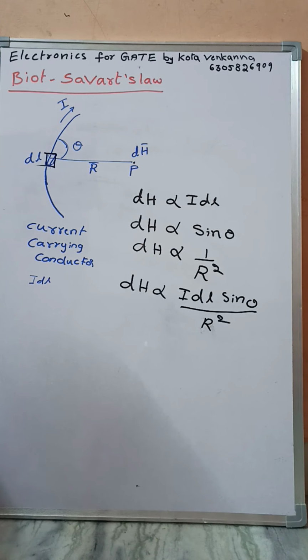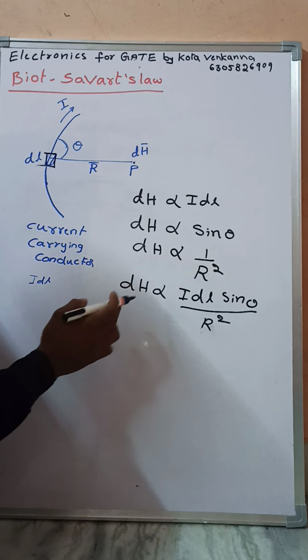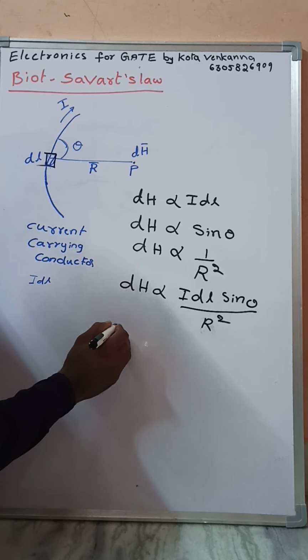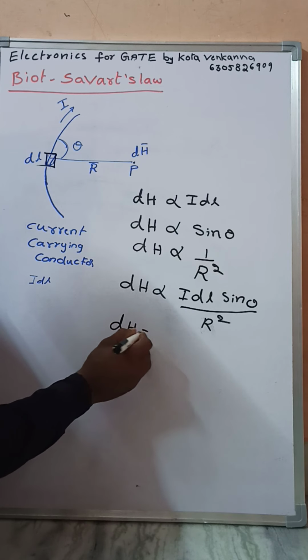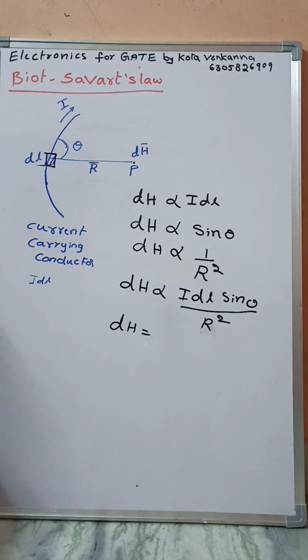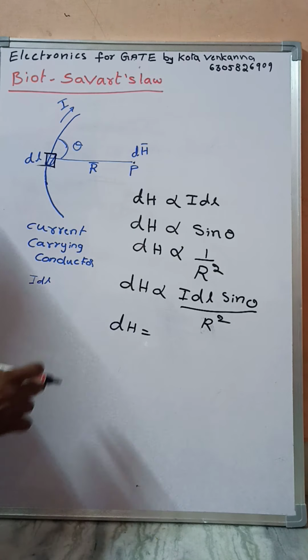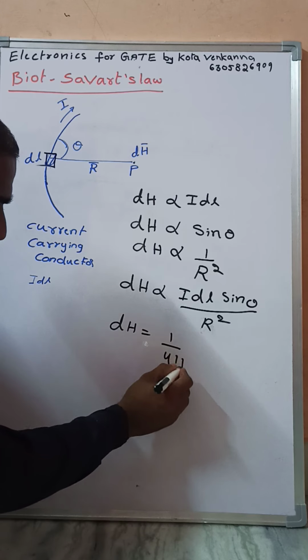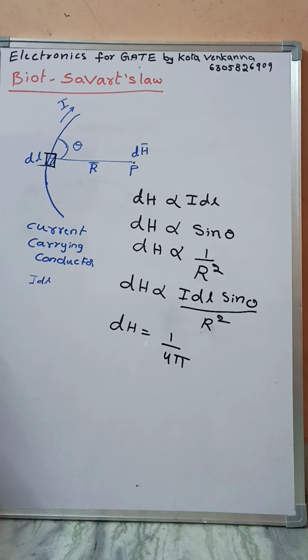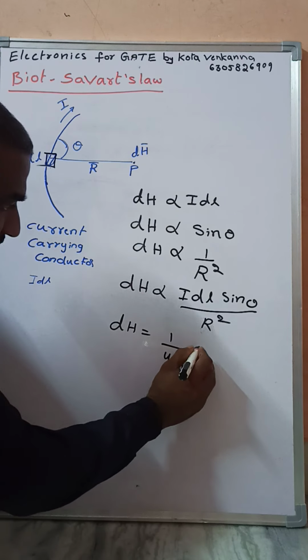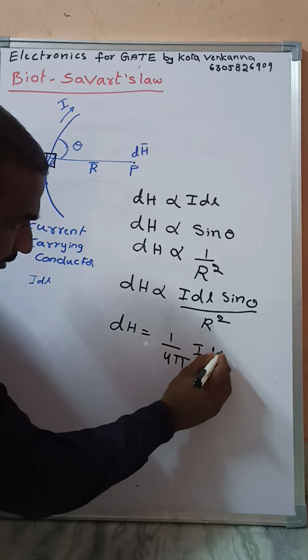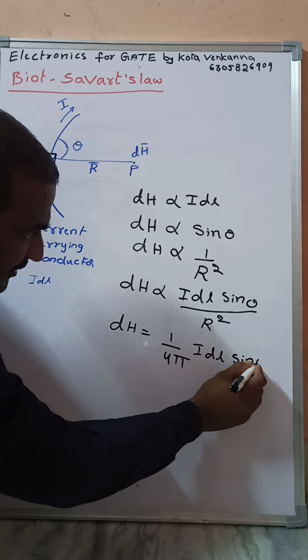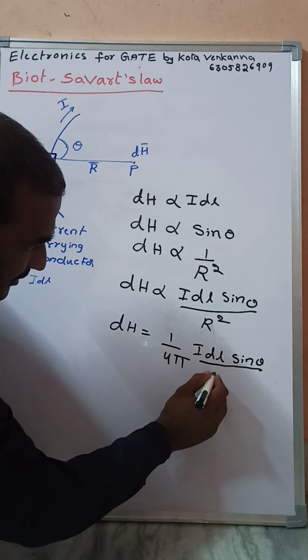When it is directly proportional, it is written as equal with a constant, 1 by 4 pi. So dH is equal to 1 by 4 pi into I dl sin theta by r square.